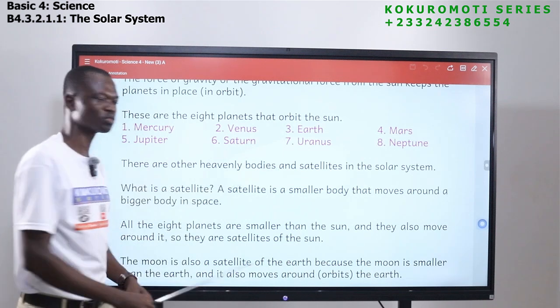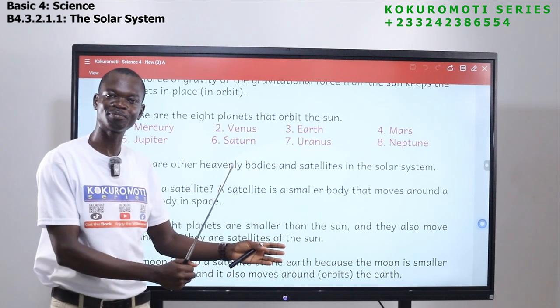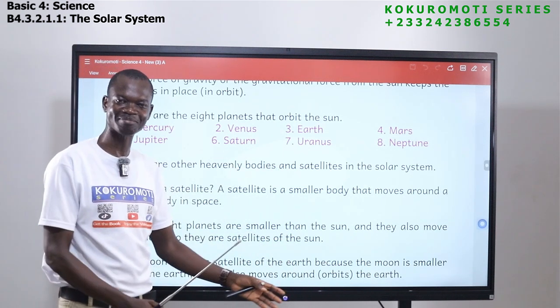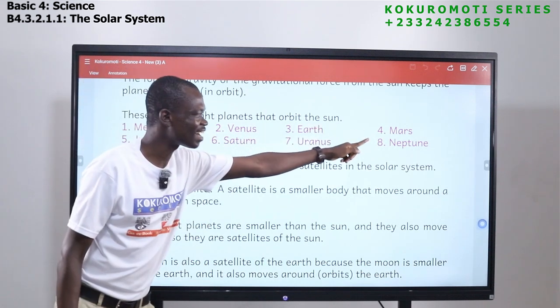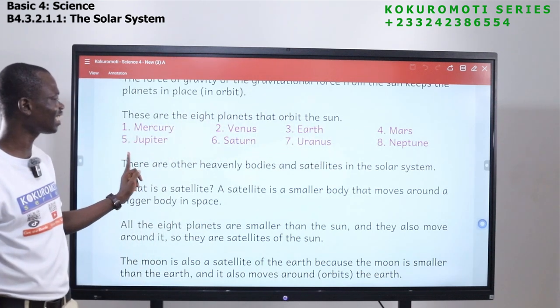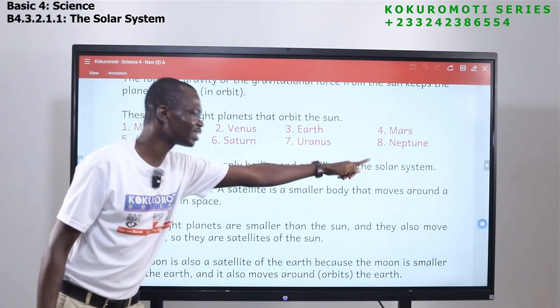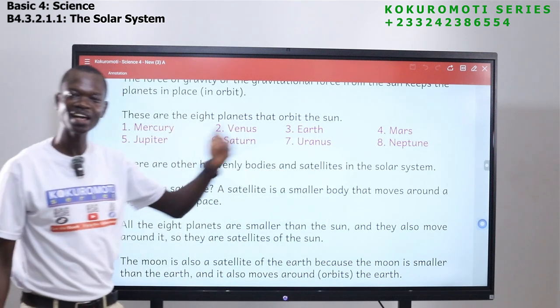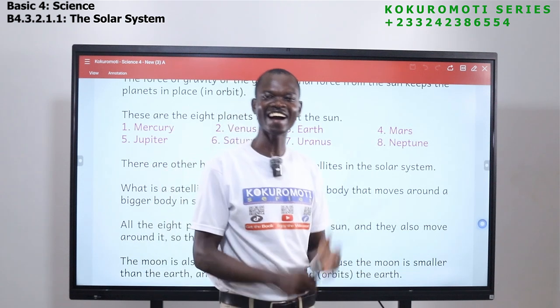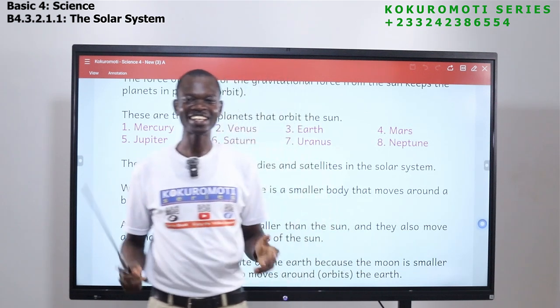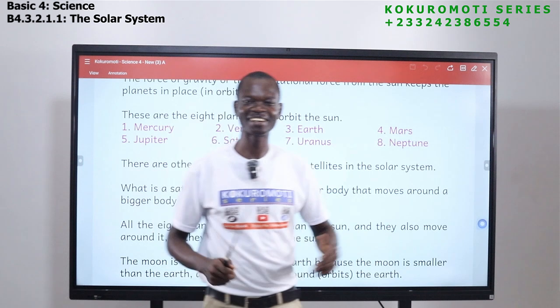So all these names, who are they? They are planets. Planets of what? The solar system. So the song goes like this. Mercury, Venus, Earth, Mars, Jupiter, Saturn, Uranus, Neptune are planets of the solar system.